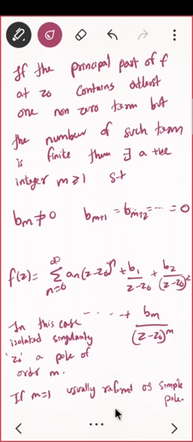Okay, so do you understand? In the expansion, if you have a term bm such that bm is non-zero but everybody after that is 0, then we say that this is a pole of order m. Correct? Is that clear?